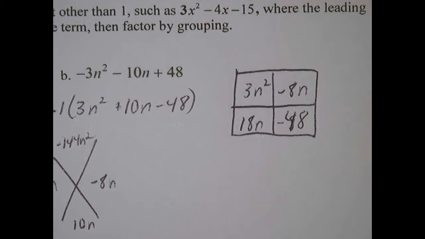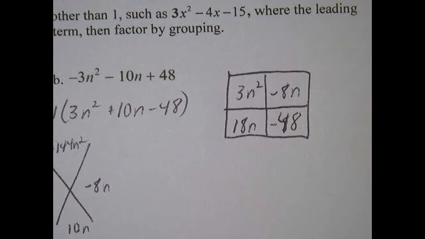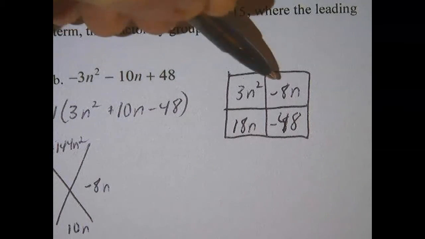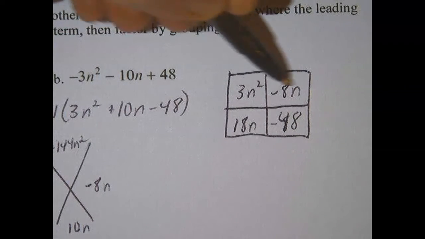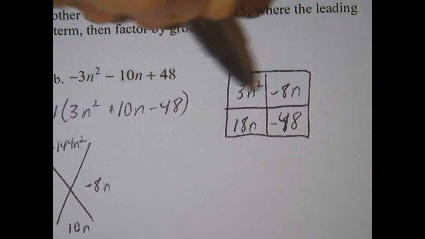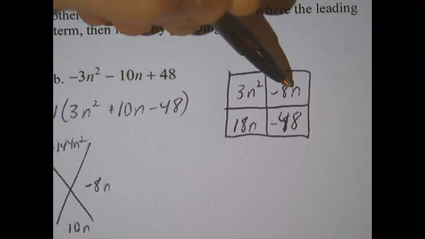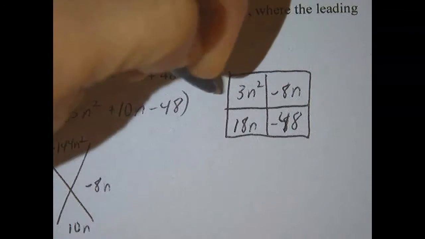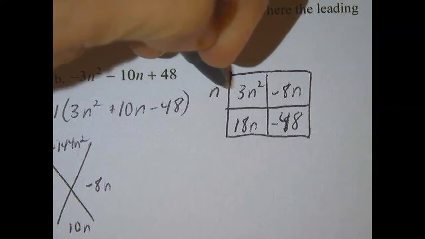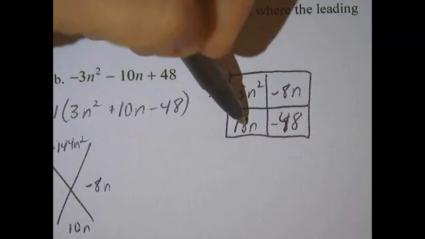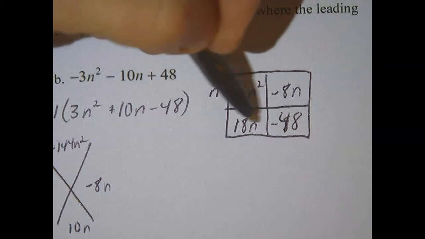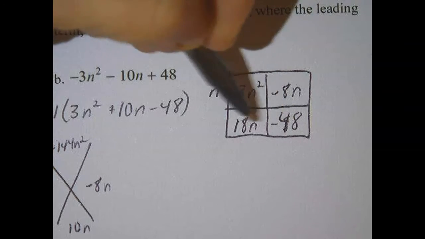Now I go ahead with this box, and I'm just going to take all of the GCFs in both directions. I'm going to look in this direction first, and I'm going to pull out an n. That's the only common factor there. I'm going to pull out a common factor here of, let's see, between 18 and 48, all I've got is a 6. So I'm going to pull out a 6 from there.